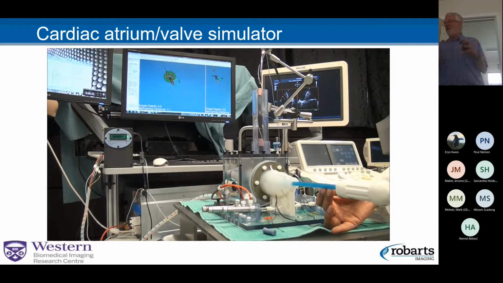But he has a choice from a number of procedures, and one procedure may not be best for every patient. So you can perform the procedure, put it into the simulator, and see immediately how that procedure is going to affect the blood flow. In other words, does it stop all the blood flowing backwards, or does sometimes it flow backwards? And so they can customize their procedure for the individual patient using this sort of technique.